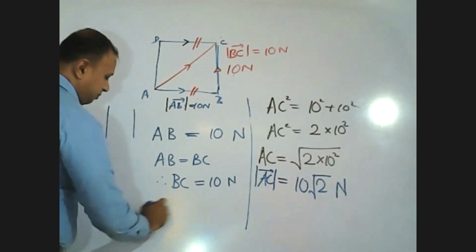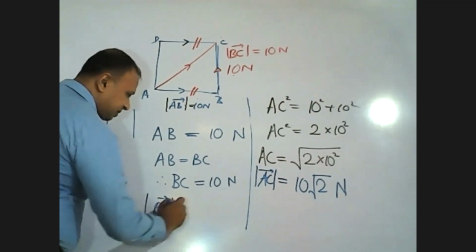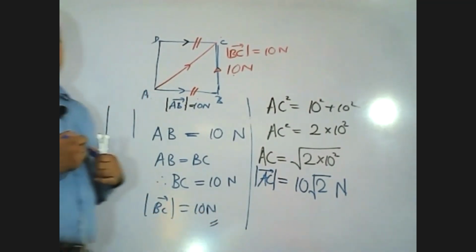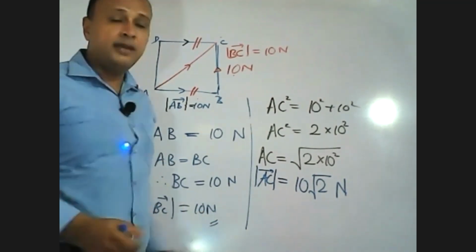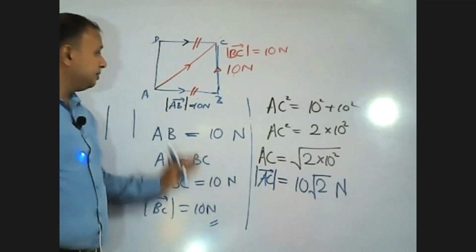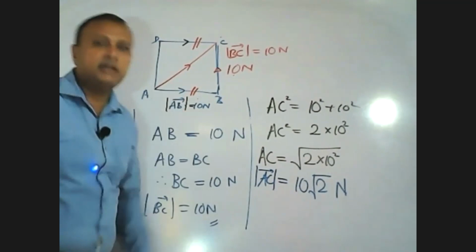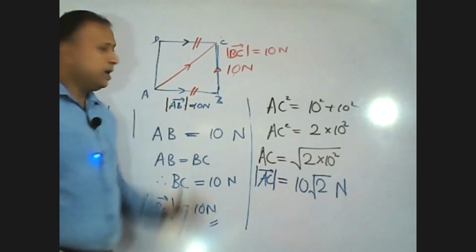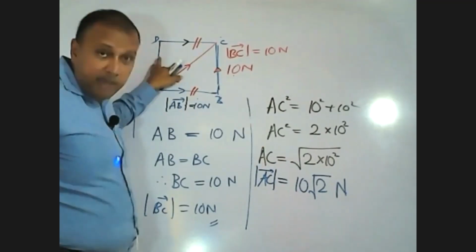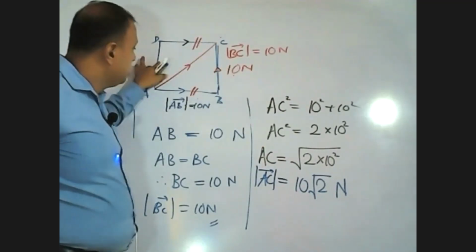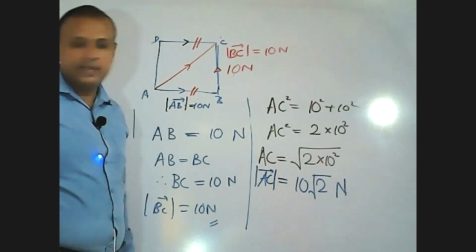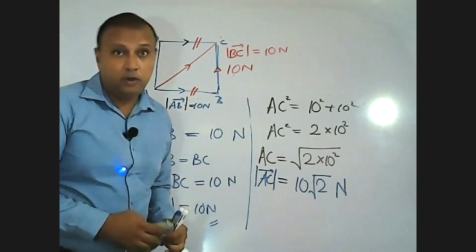Magnitude of BC vector is equal to 10 Newton. Therefore, we can determine the magnitude of any vector using the magnitude of a given vector using our geometrical knowledge.